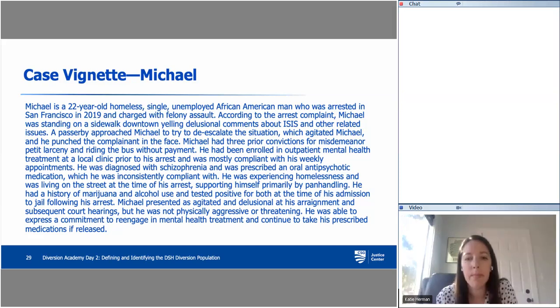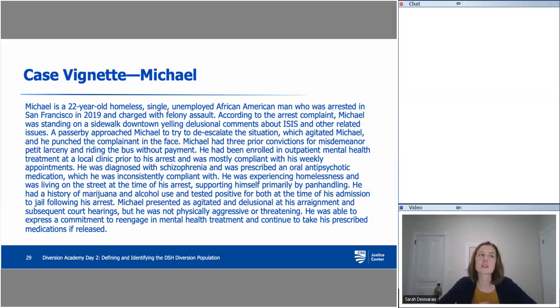Katie, this is Sarah. I just wanted to jump in on one thing to circle back to something you said earlier in the session today. That felony assault on paper looks pretty scary. And then when you look at what it was actually in the context of, it's a very different picture. So here's an individual who was clearly experiencing psychotic symptoms and walking down the street, and the felony assault occurred in the context of somebody trying to de-escalate the situation.